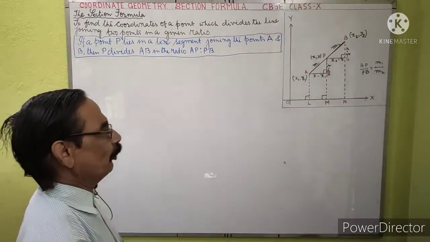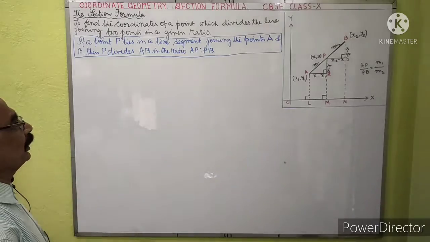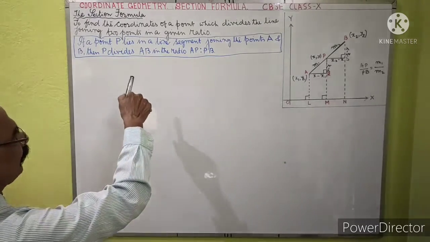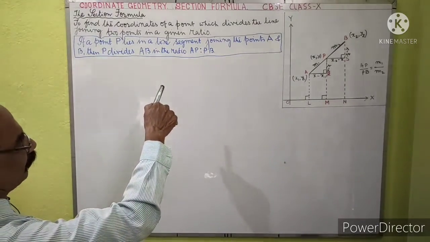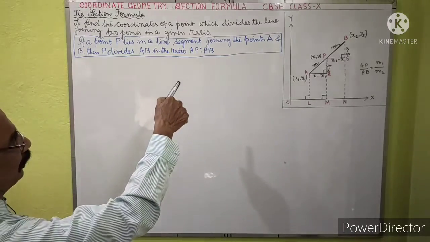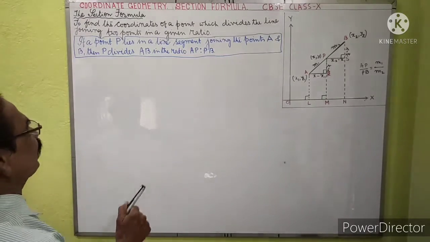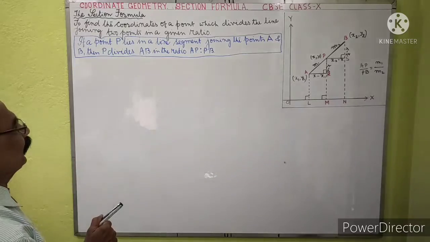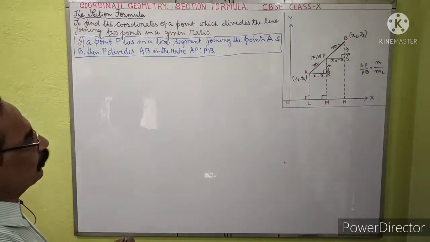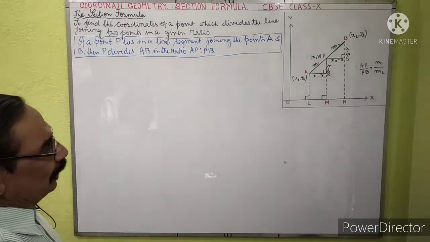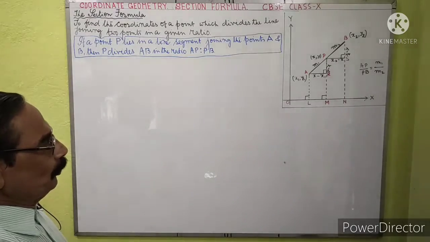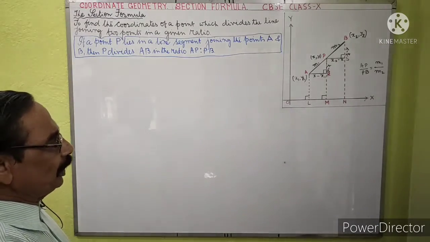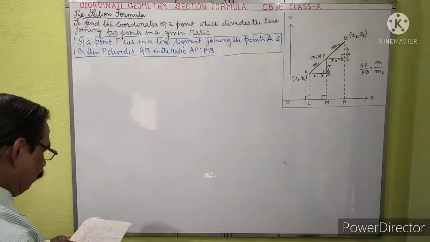If P lies on the line segment joining the points A and B, then P divides AB in the ratio AP to PB. Let AP be M1 and PB be M2.